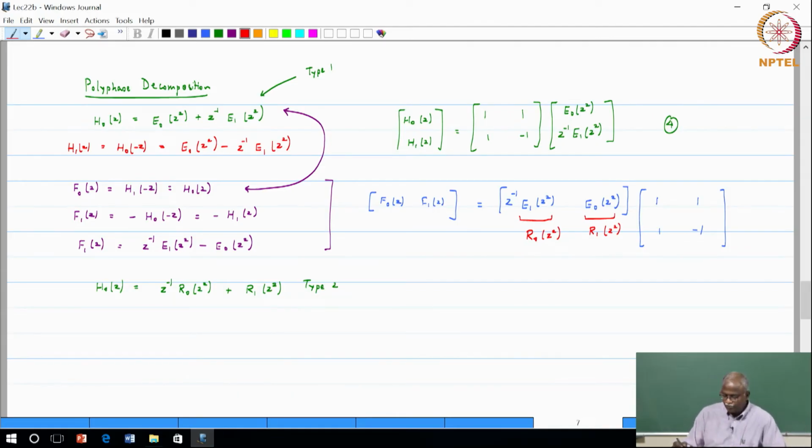The 2 channel maximally decimated filter bank with polyphase decomposition can be drawn in the following manner: E naught of z squared, E naught of z squared, z inverse E1 of z squared, E1 of z squared.